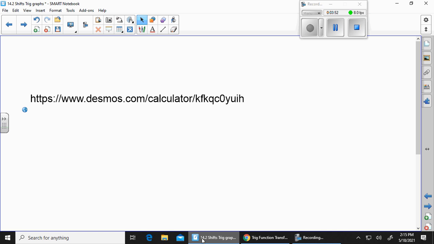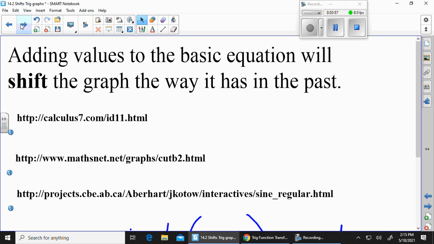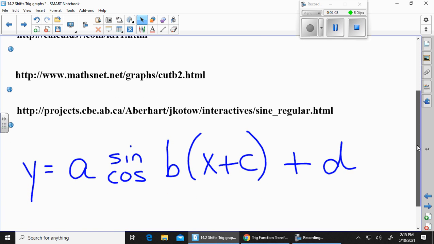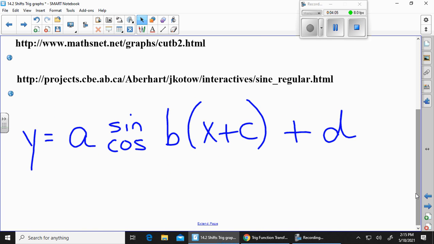So if you saw that, I hope you did. Adding values to the equation will shift it the way it has in the past. So we're looking at A, B, C, D.